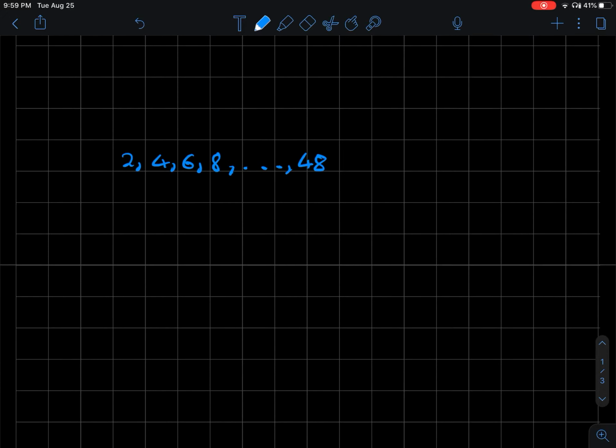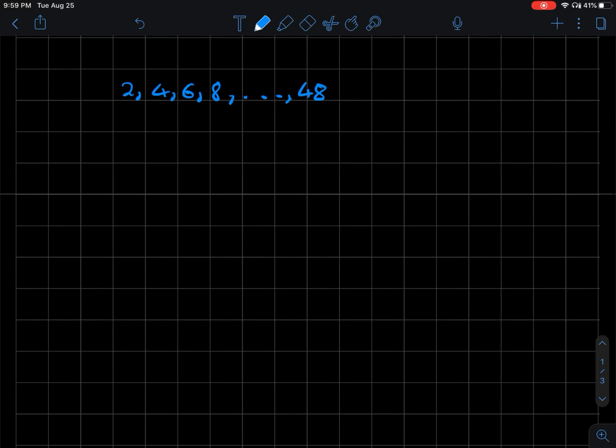So, to make this simple, we know all these are even numbers, so why not just divide by 2? Get 1, 2, 3, 4, and this will go on to 24. Now, we know that from 1, if you're counting to any number, the number of terms is that number that you ended with. So from 1 to 24, there's 24 numbers.